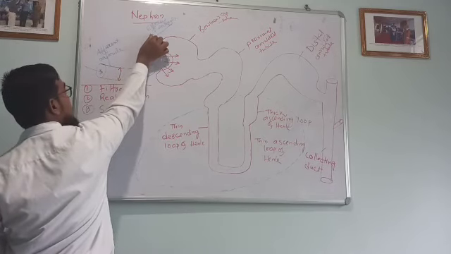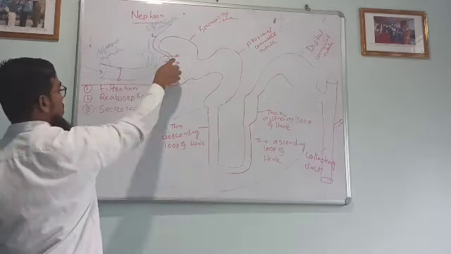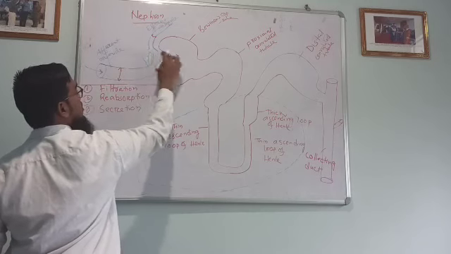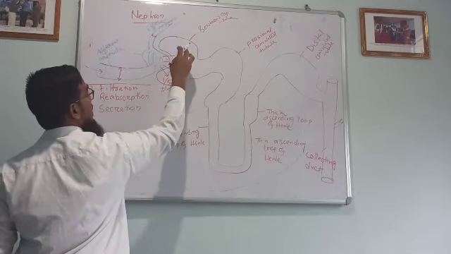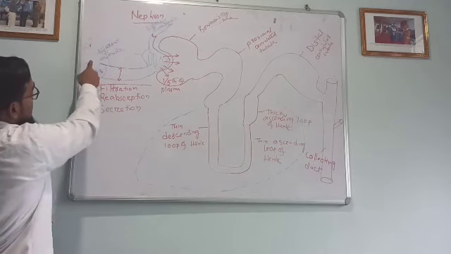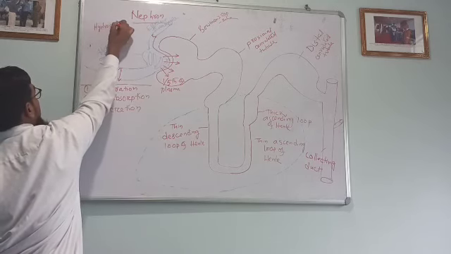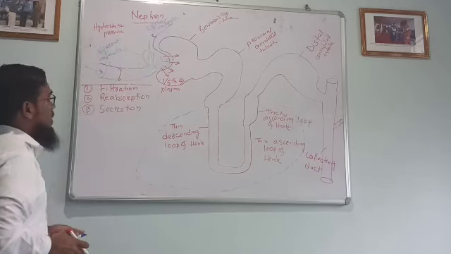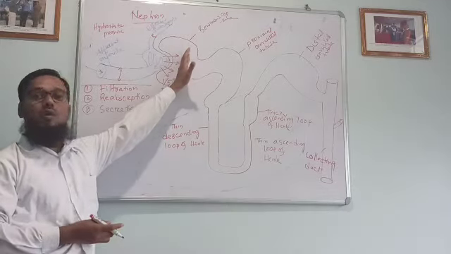The efferent arteriole is smaller in diameter and the afferent arteriole is bigger in diameter, which causes increased pressure here, and that's why filtration takes place. About 1/5 of the plasma is filtered in Bowman's capsule. So we understood how filtration takes place due to the hydrostatic pressure difference between the afferent and efferent arterioles.